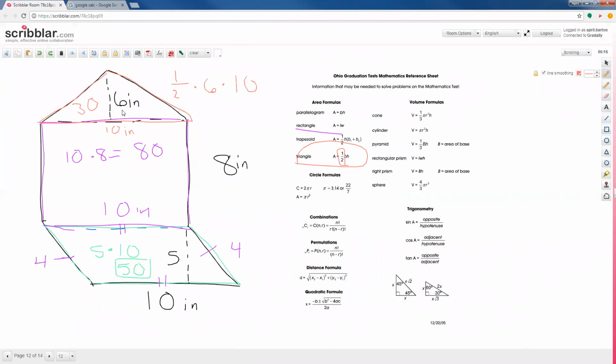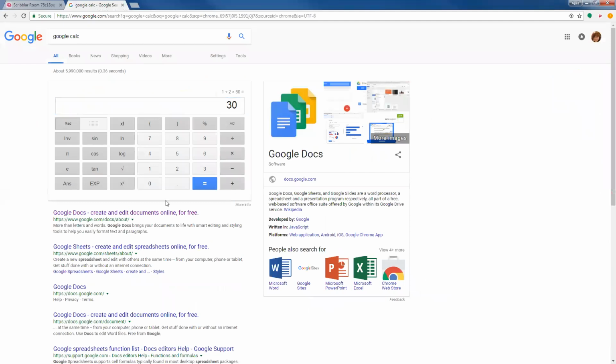Yep. So now that we have all 3 areas, we just add them together. You turn it into shapes you know, and then just add those areas together. 30 plus 80 plus the 50. Oops.